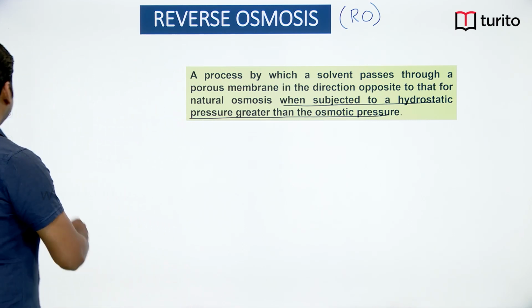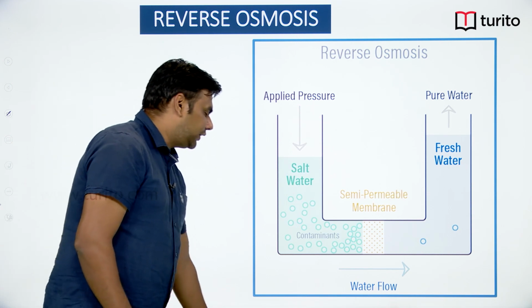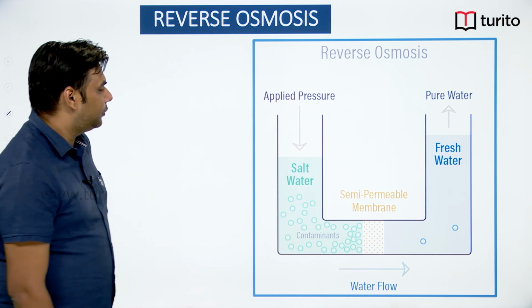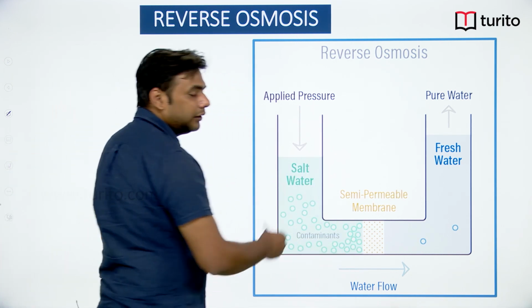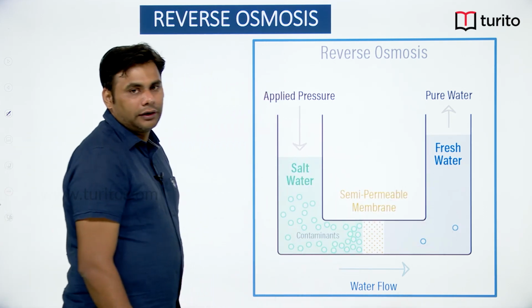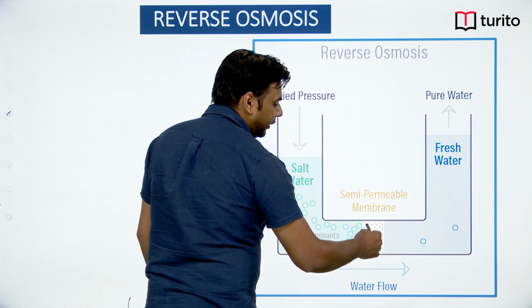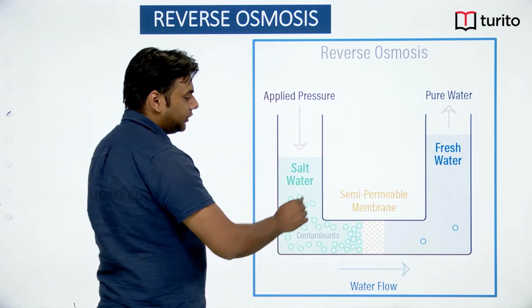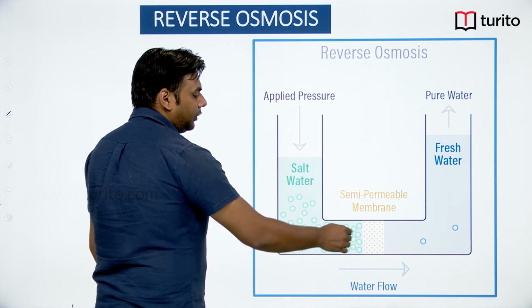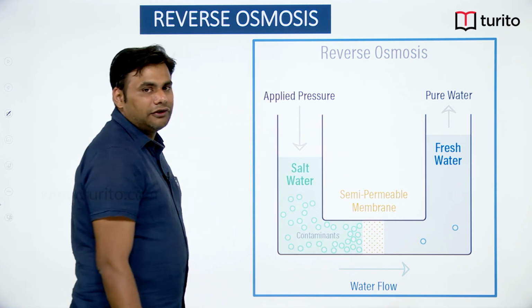Now let us look at the setup to understand. So this is basically the setup. On one side we have salt water, and on the other side we have fresh water or pure water, with a semi-permeable membrane in between. This side of the chamber contains salt water and the other side contains the fresh water.